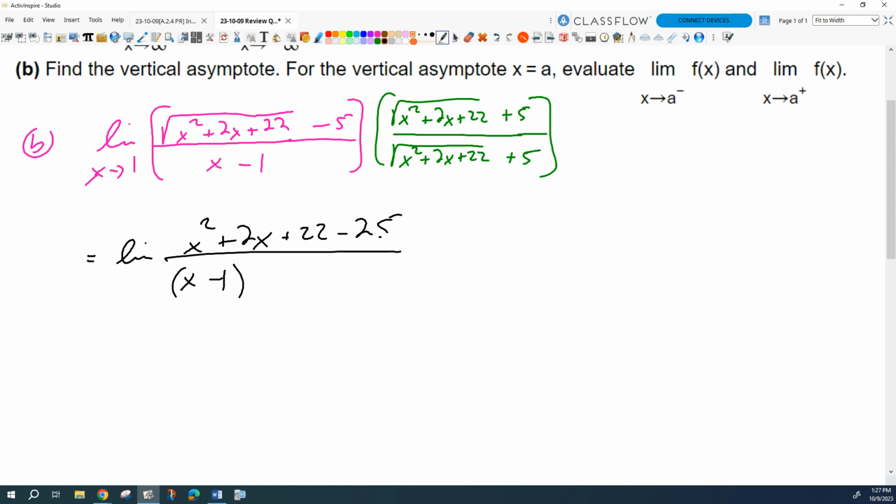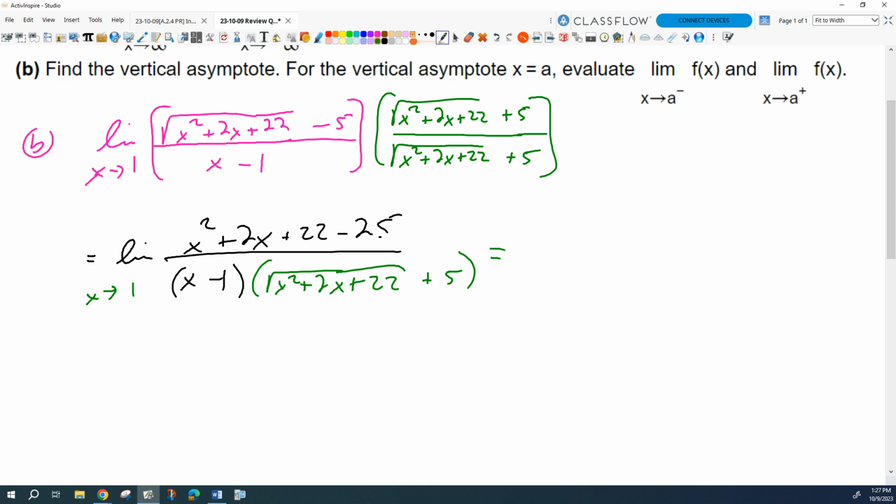This looks really messy, this green factor, but it's actually safe because it does not go to 0 as x goes to 1. So then I've got to clean up the top a little bit.